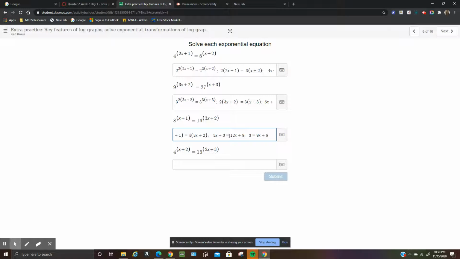And then subtracting 8, negative 5, 9x. And then divide by 9. So x is going to equal negative 5/9.